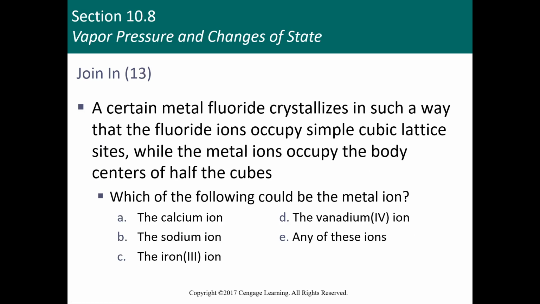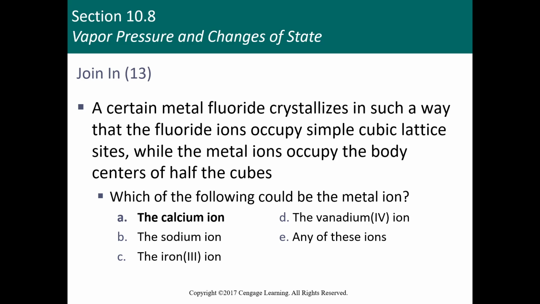So, a certain metal fluoride crystallizes in such a way that the fluoride ions occupy simple cubic lattice sites, while the metal ions occupy the body centers of half the cubes. Alright, so in this one right here, we have a simple cubic lattice.